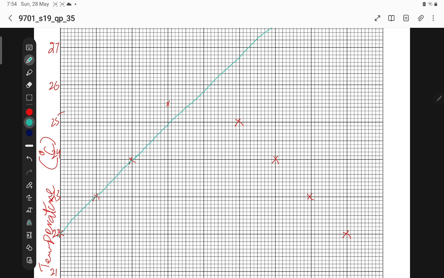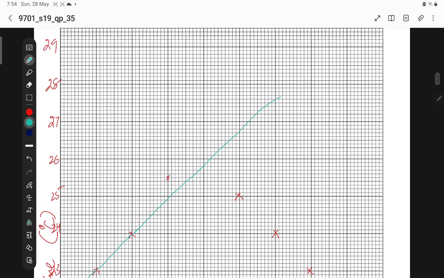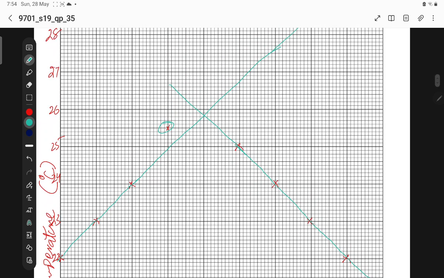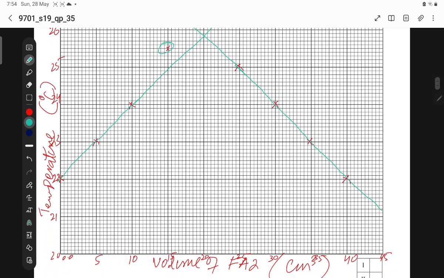This is the first line, and this is the anomalous point, and this is the second line. And you extrapolate, draw these lines with a scale, and this is the intersection point.